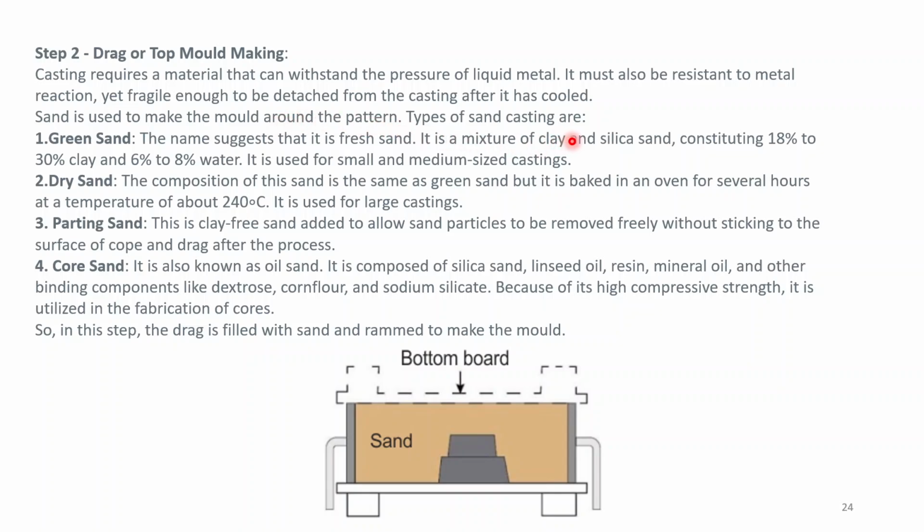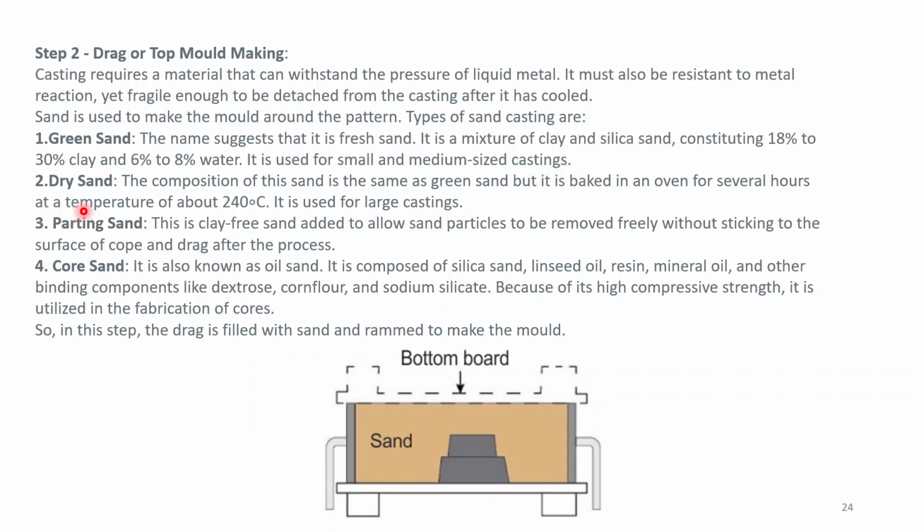The types of sand used in casting are green sand, dry sand, parting sand and core sand. Green sand is fresh sand. It is a mixture of clay and silica sand, constituting 18% to 30% clay and 6 to 8% water, and it is used for small and medium sized castings.